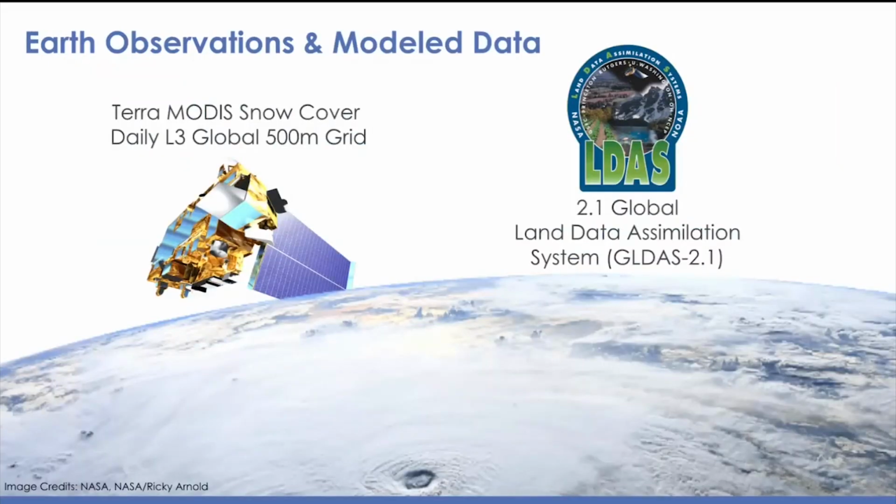So MODIS is a sensor set aboard the Terra satellite. The data set uses gridded snow cover and albedo derived from radiance data.